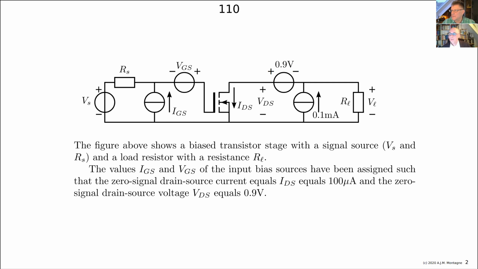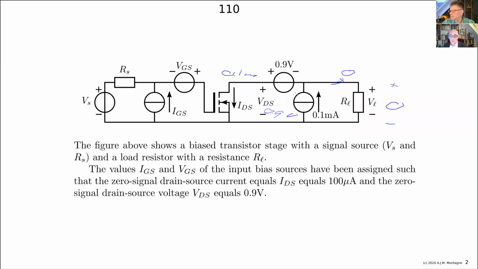If you disconnect the source and the load, then the whole thing will just stay as it is. Let's see how this works. If here is 0.1 milliamp, and here is 0.9 volt, then here is 0 volt, and, sorry, no current.